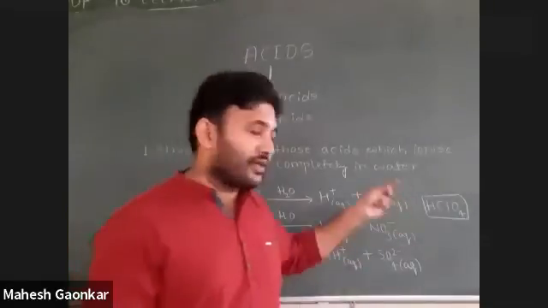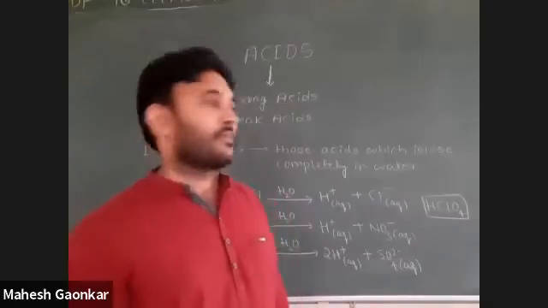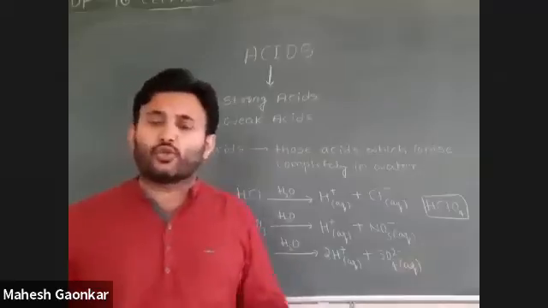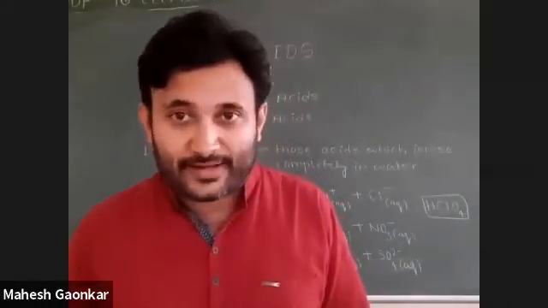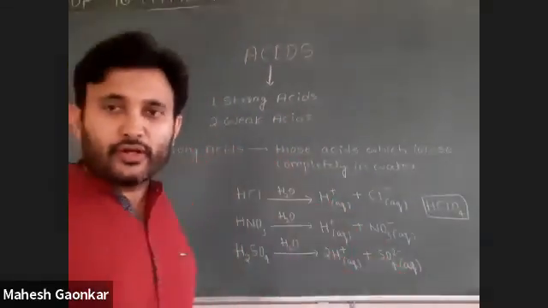Of all the acids known till now, perchloric acid is the strongest. HClO4 dissociates into H plus and ClO4 minus. Okay. Can you please write this down?